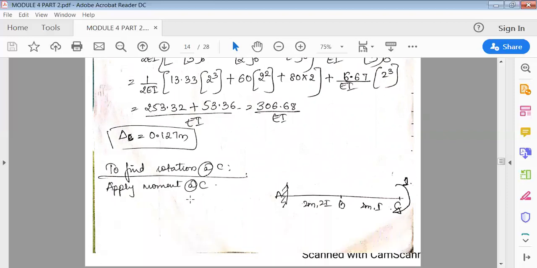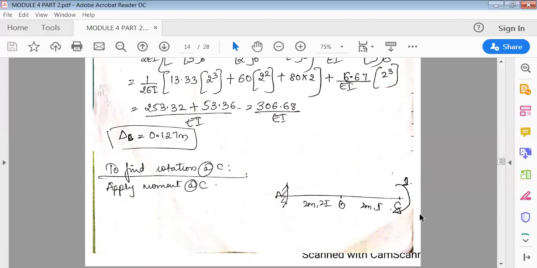Okay, so the next part of the question is they have asked you to find the rotation. You found the deflection at C, now also find the rotation at C. So to find the rotation at C, there is no moment, so you have to apply a dummy moment. Whenever there is no point load given at the point where you have to find the deflection, you have to artificially induce a dummy load.